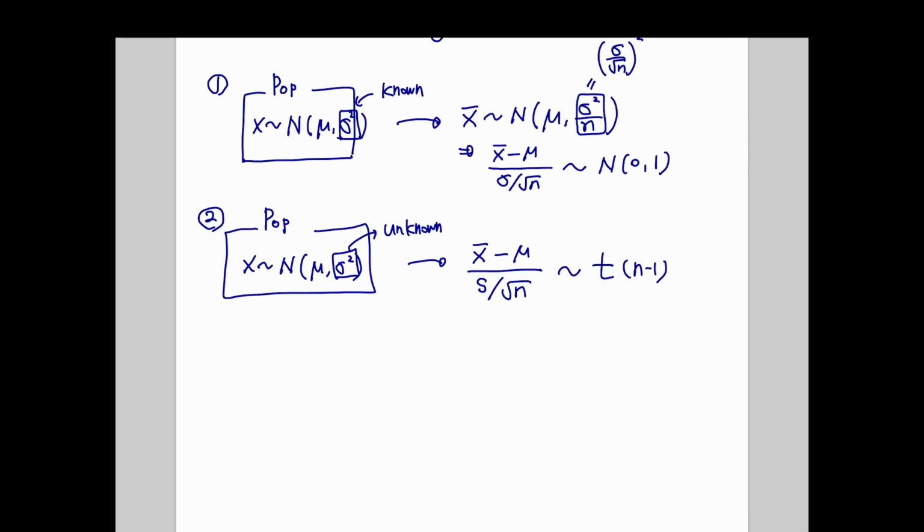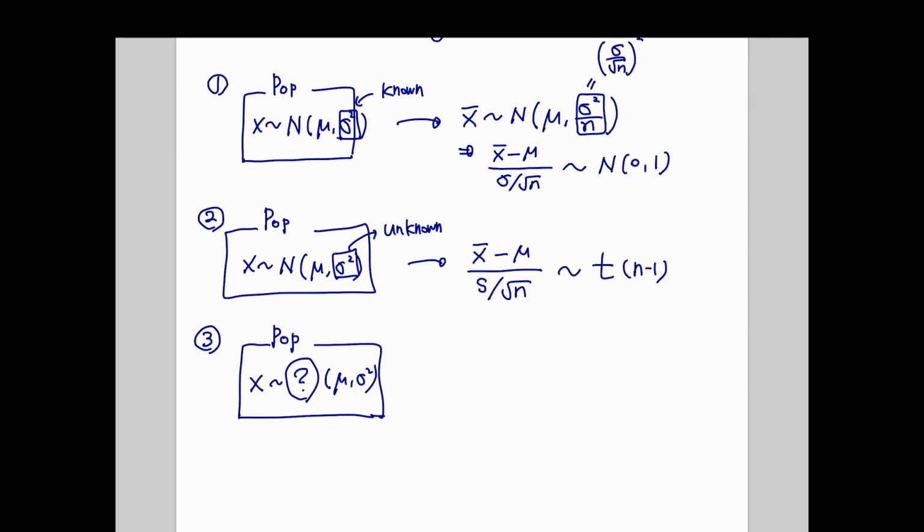And the third case is when the population mean mu and sigma square are unknown.